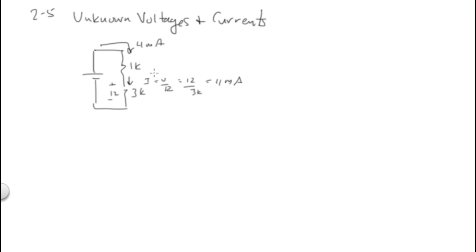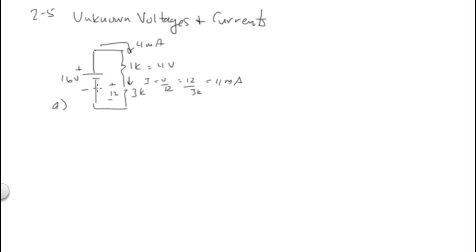So 4 milliamps times 1K is what? 4 volts. 4 volts plus 12 volts gives me what? 16 volts here. So now I know all my currents. The 4 milliamps is coming through this resistor, coming through this resistor. I know all my voltages, 4 volts and 12 volts, and I know my voltage supply, which is 16 volts. Okay, so that's A.